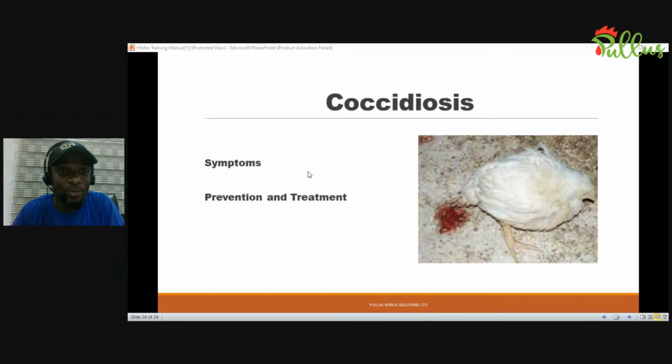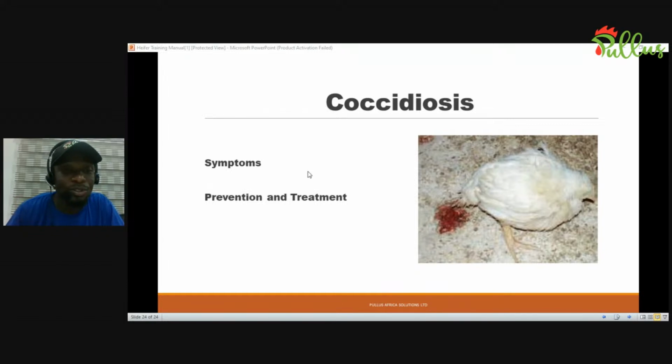Preventive measures also is to avoid water, rain entering your pen, either from the side or from the roof. Also, when you are giving them water, most times I do advise farmers, when you mix maybe drug or you want to change water for them after filling the drinkers, make sure you turn them outside before you bring them inside the space where your birds are.